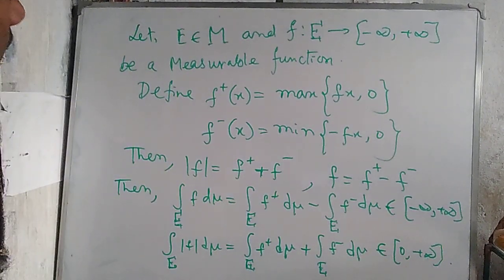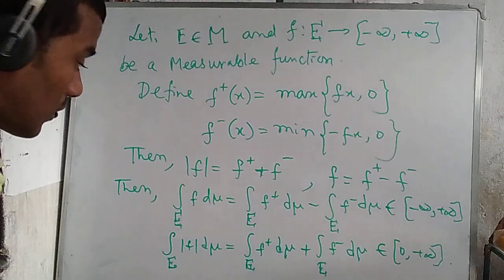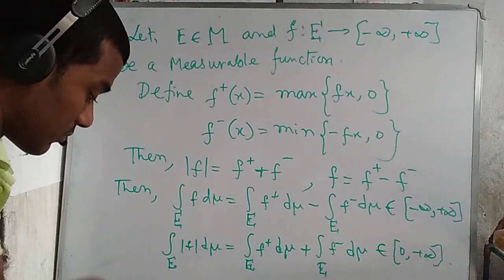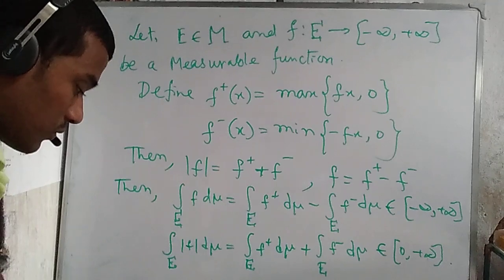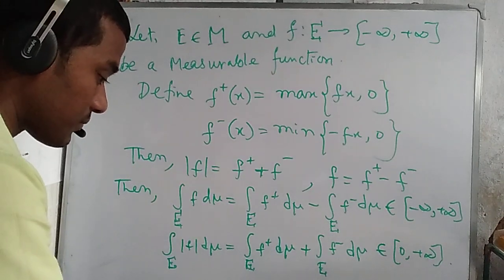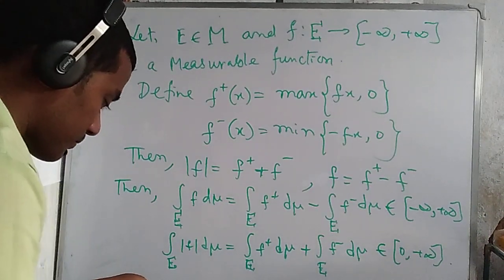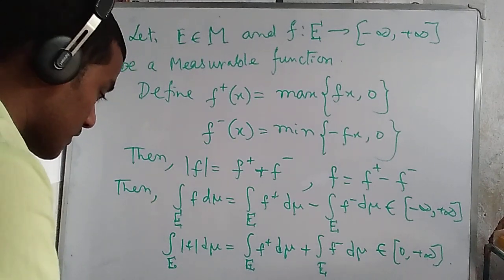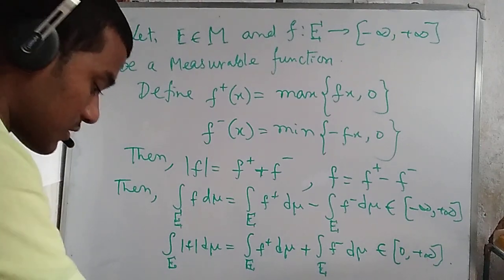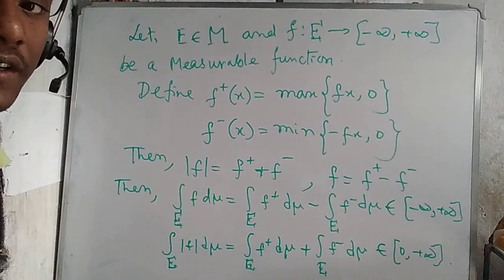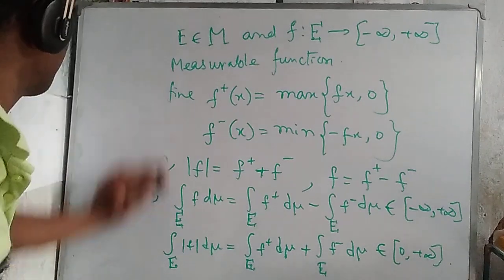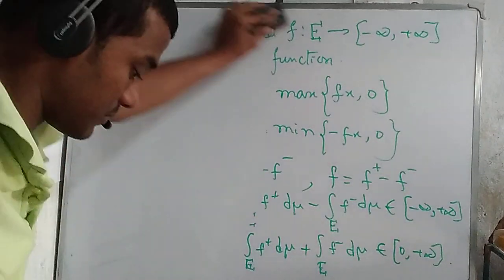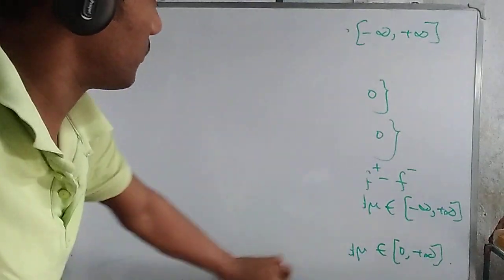So we define f plus, f minus, and obviously mod f and f, and the integrals of f and mod f, which we also define today. Now we also discuss another portion, just the definition of integrability.